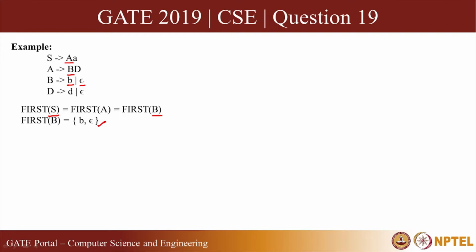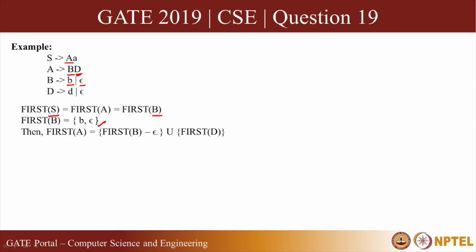If we are getting null, then we'll also look at D. Suppose this B is giving null, then we look into D. Remember the formula: first of A is equal to first of B minus null, union first of D, because the next symbol after B is D itself.